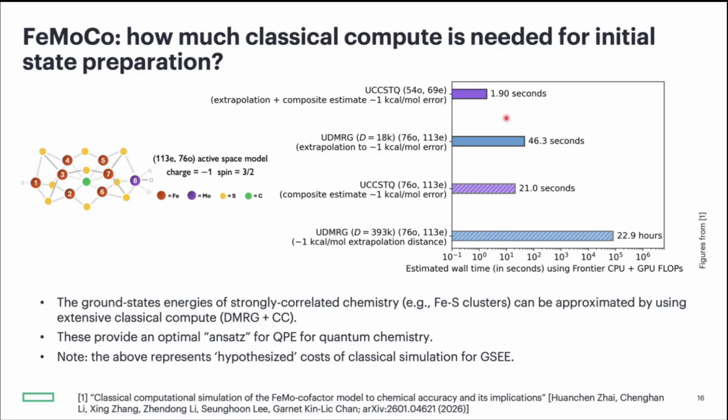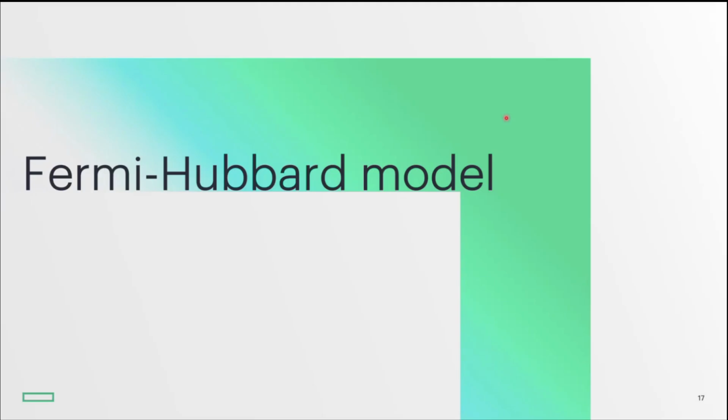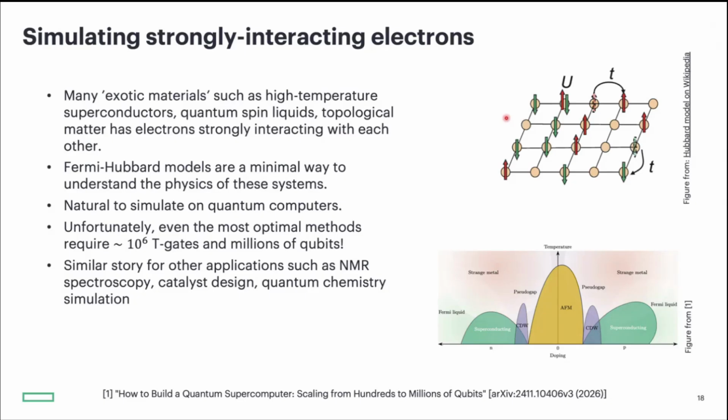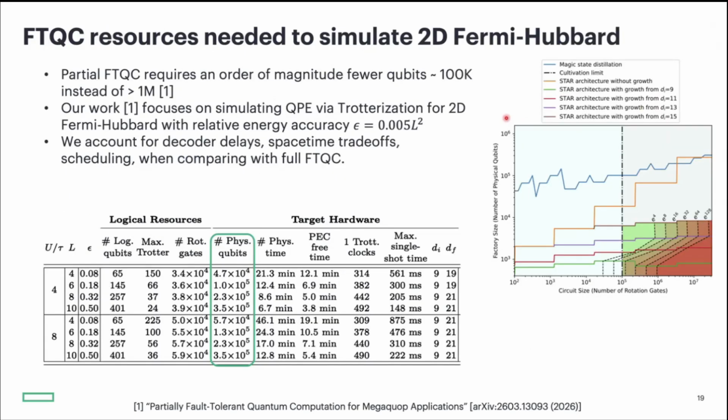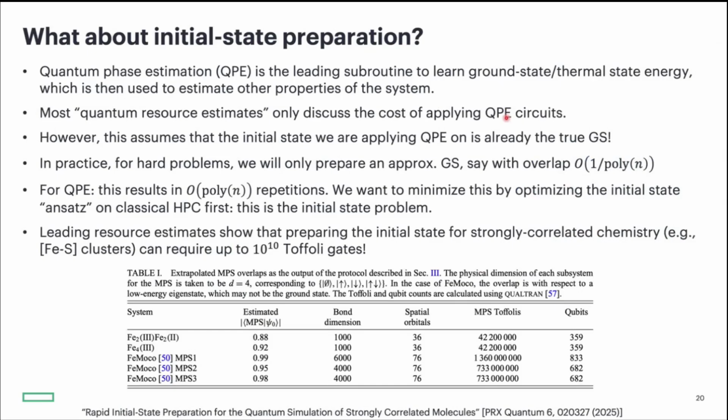Okay. So in the interest of time and in the interest of emphasizing this point further, I'm going to quickly run through some of the Fermi-Hubbard thing, and let me just point out how much the initial state problem is ignored in literature and discussions today. And so once again, let me mention that the only mode of failure for quantum phase estimation is that you prepare a bad state.